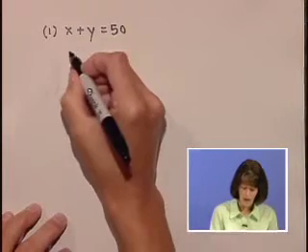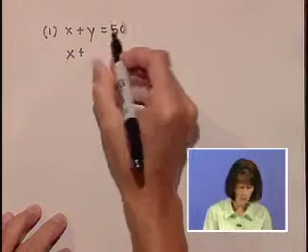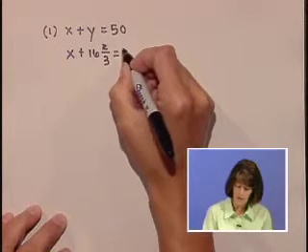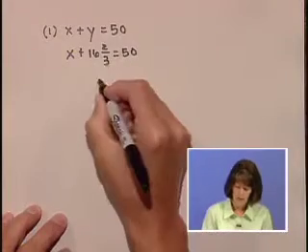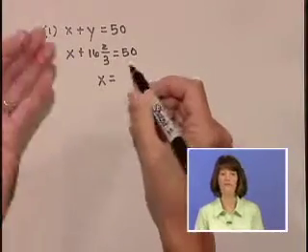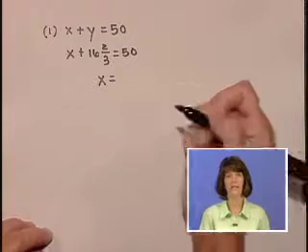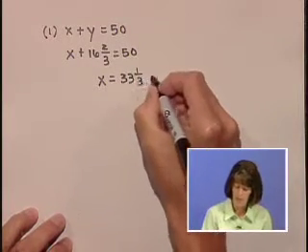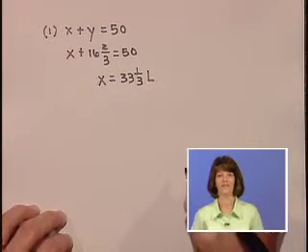We had a y value of 16 2/3. So x is equal to that 50 minus 16 2/3, or 33 1/3 liters.